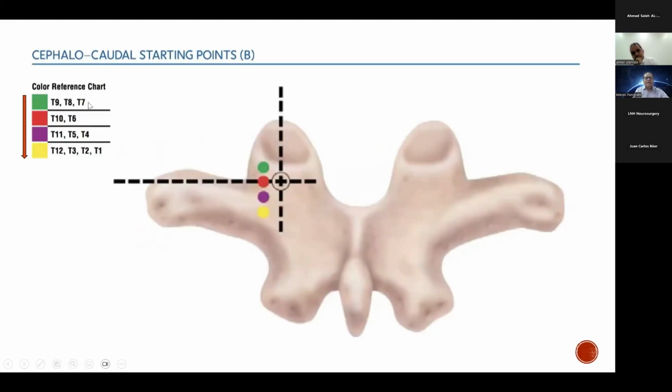Whereas if you go up like T8 and 9, it moves superiorly. And if you go to T1, T2, T3, the entry point moves down. Similarly D8, D9, D10, as you see here, the entry point comes down. D12 comes more to the middle, like the lumbar, and as you go to D9, it goes superiorly.